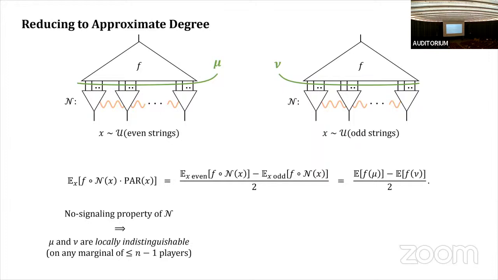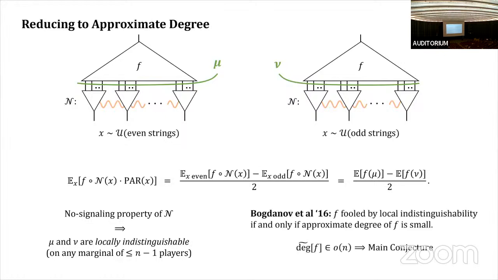And like I mentioned earlier, the no signaling property of this channel implies that if you look at any marginal of mu and nu that avoids at least one player, these two distributions are indistinguishable. And we know from Bogdanov et al., which is a paper in cryptography, that f is fooled by local indistinguishability of this kind if and only if its approximate degree is small.